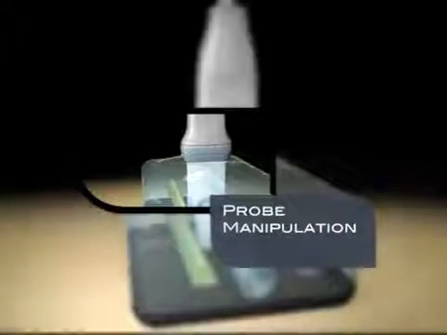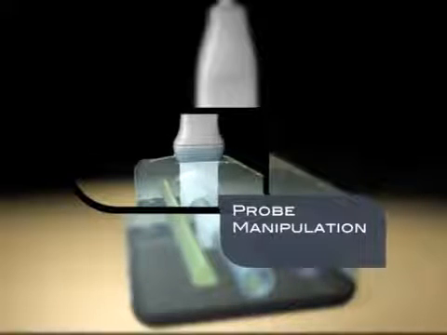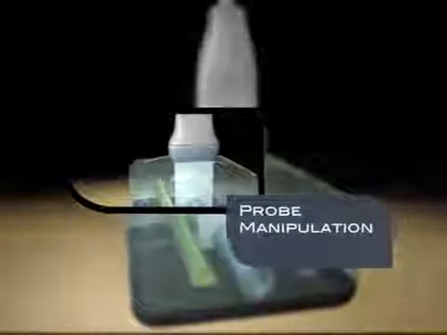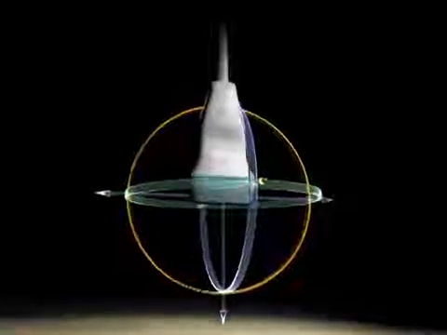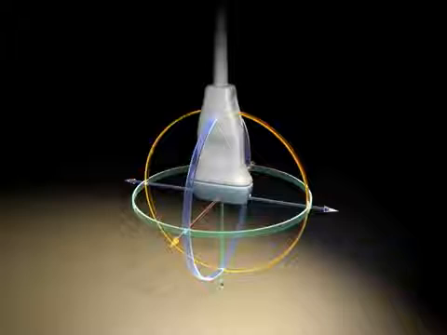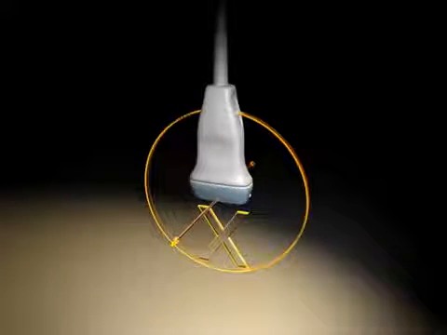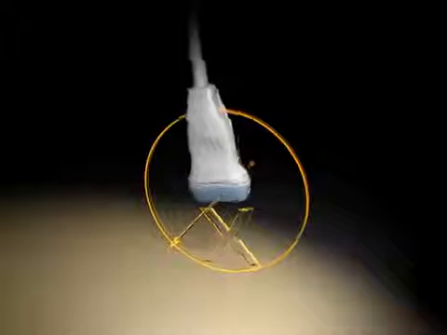An ultrasound transducer can be rotated or translated along any of its 3 axes. Hence, we need to use the AIUM standards so that we can communicate clearly with one another. Here we see an ultrasound probe moving and pivoting along each of its X, Y, and Z axes.